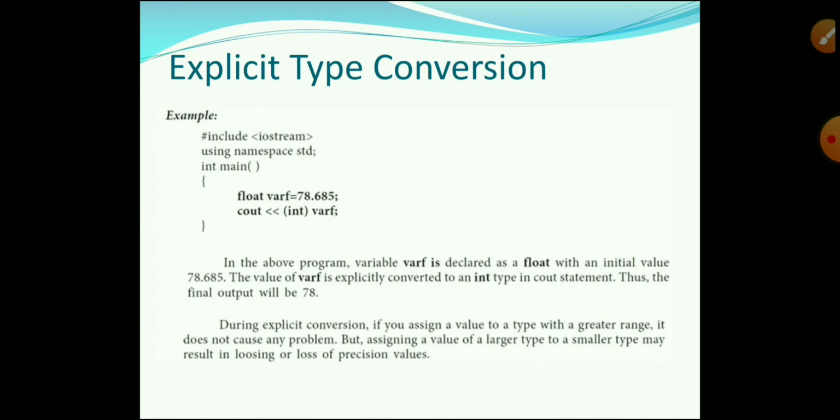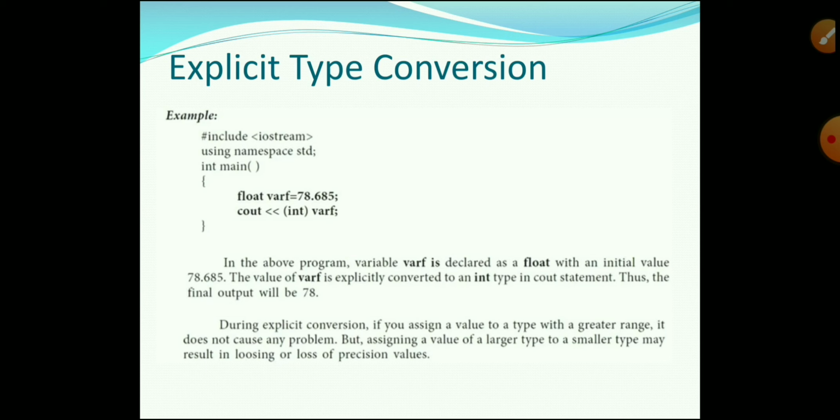Why is it so, sir? In cout I specifically used the int data type within brackets. The int data type means only the integer value is considered. So f is a float value, but when we execute the program, it will be taken only as an integer value. That's why the result will be 78.